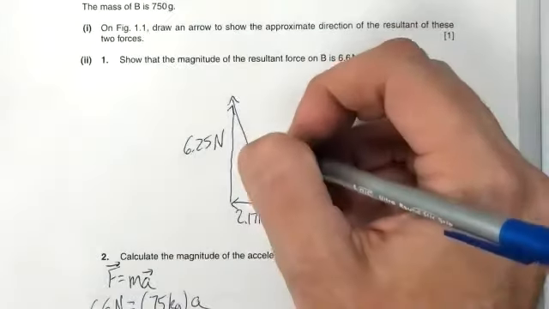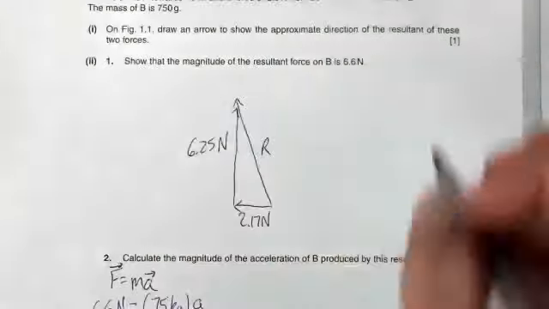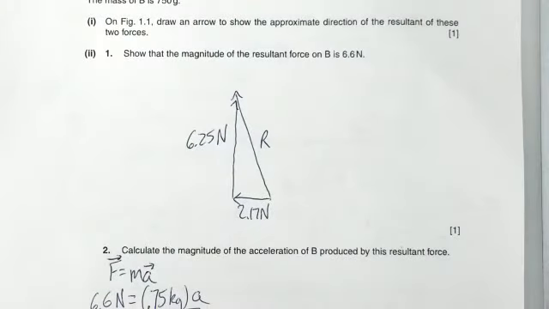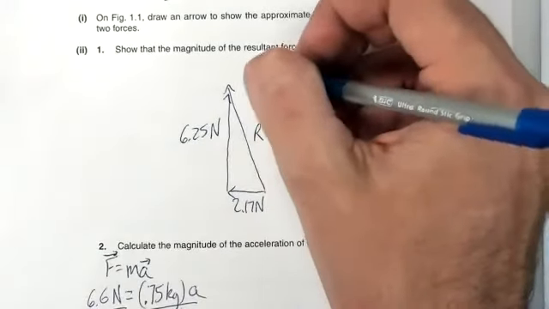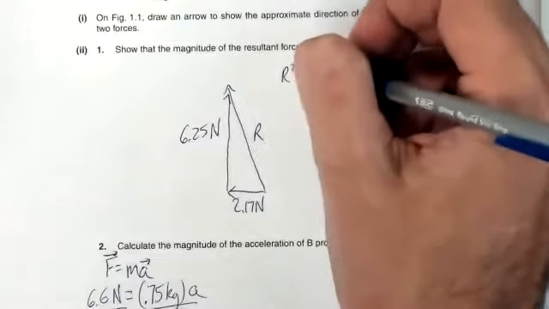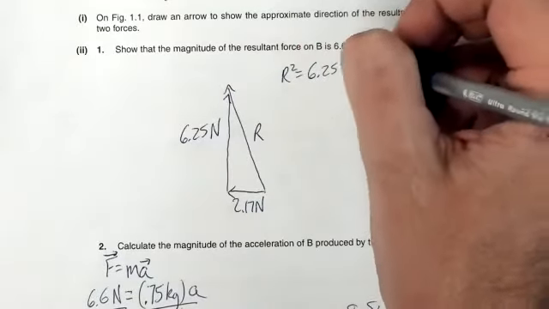And now I should be able to show that R is 6.6 using Pythagoras' theorem. Step 5 up there on the chalkboard says use Pythagoras' theorem now. Now that you've added up all the x's and y's, you've got a new right triangle to work with. And so it's true that R squared equals 6.25 squared plus 2.17 squared.